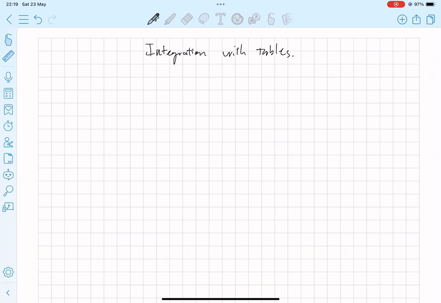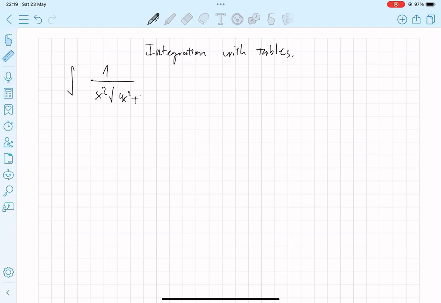So now we're gonna move into this topic. Integration tables are useful for looking up integral formulas for integrals which may be difficult to evaluate by hand, as I said.